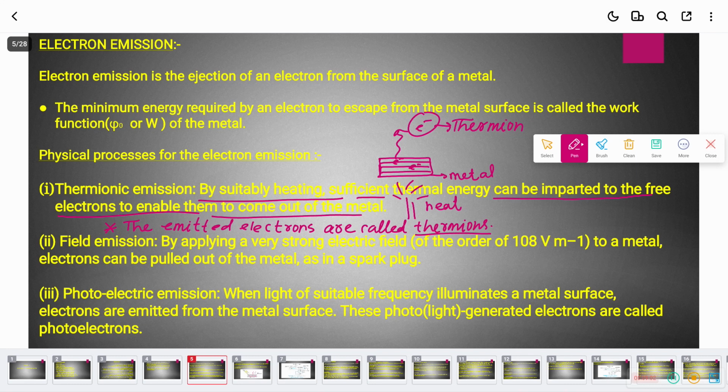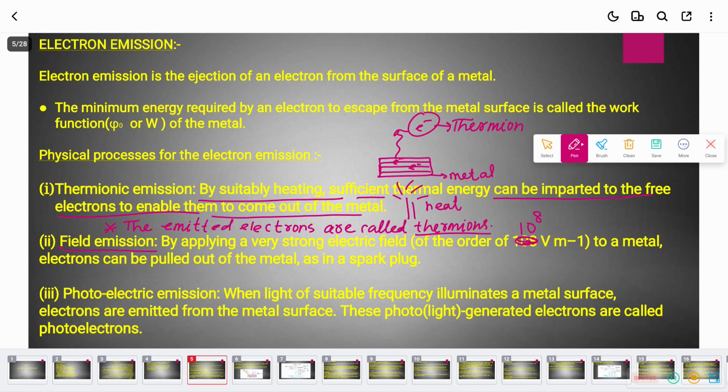Now next, field emission. Field emission means you are removing electrons by applying a high electric field. And how much is that high electric field? That high electric field is 10 to the power 8 volt per meter. Why volt per meter?